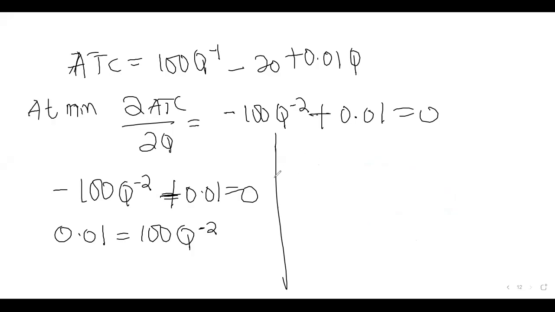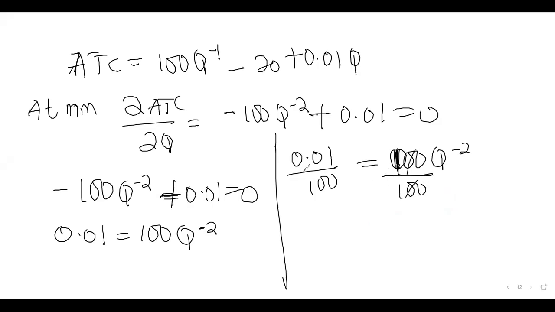So let's come back here and divide both sides by 100. So 0.01 divided by 100 is equal to 100Q to the power negative 2, also divided by 100. This and this go. So when you divide, you get 0.0001 equal to Q to the power negative 2.